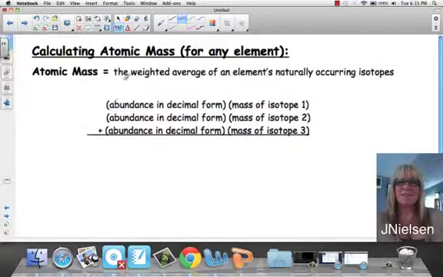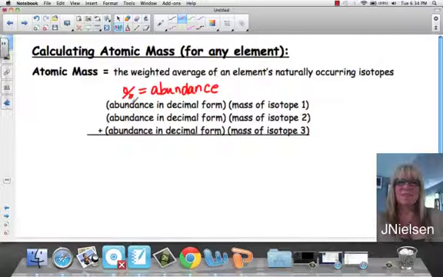So we take the abundance, which is another word for percent. I'm going to show you 2 different ways to do this. Percent in decimal form, times the mass of isotope 1. Then we do the same thing, percent in decimal form, times mass of isotope 2, for however many isotopes there are, and we add them all up.